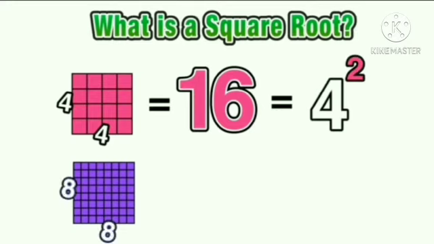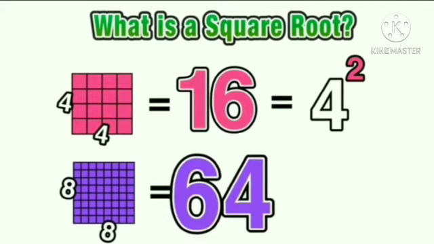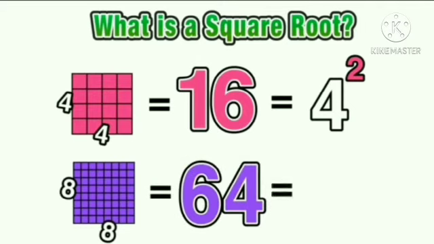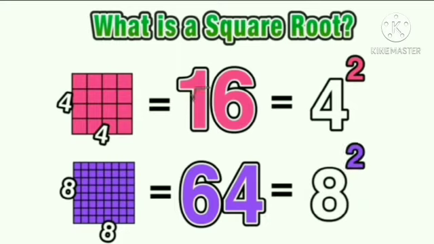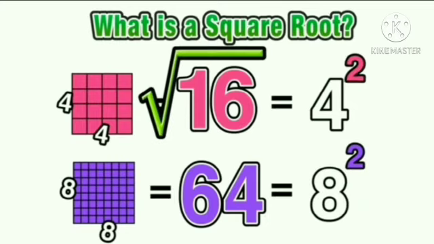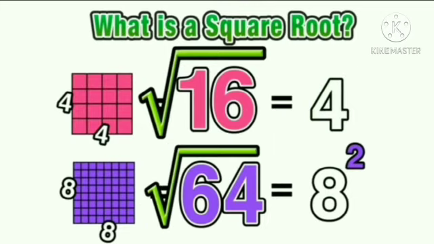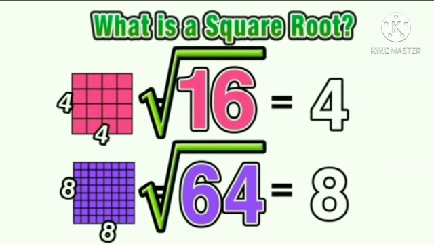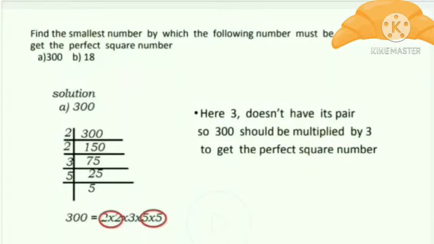In the same way, the other square, 8 by 8, is equal to 64, which is 8 squared. Now root 16 is equal to 4, and at the same time root 64 is equal to 8. Here we are going to solve some problems under perfect squares.